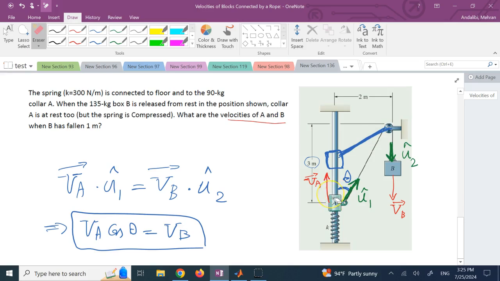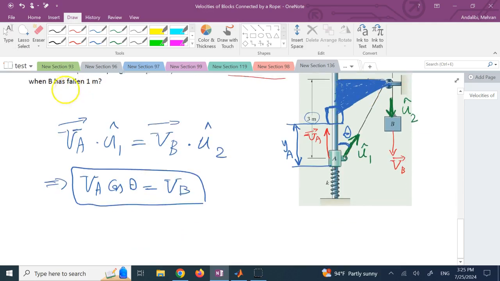If that is the case, and this displacement from here to here, you show it by YA or delta YA, then in this right triangle that you have left, your adjacent to theta is going to be 3 minus YA, and your hypotenuse is going to be square root of 2 squared plus 3 minus YA squared, right?